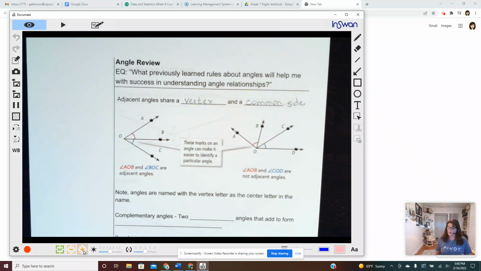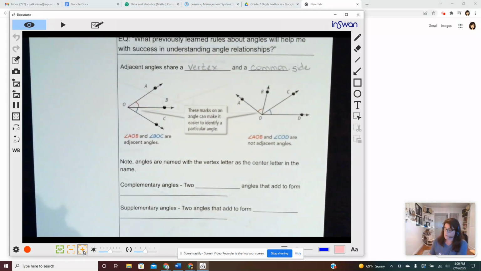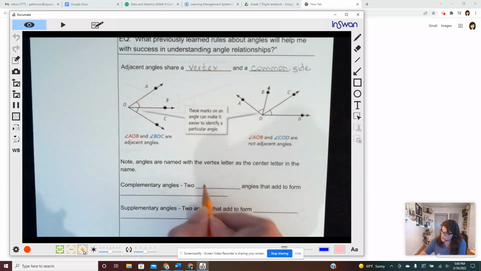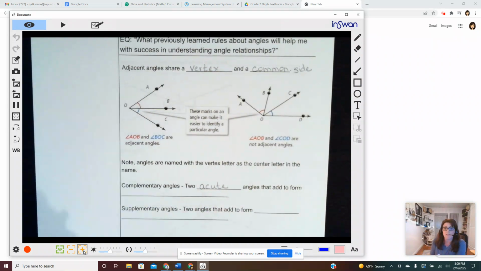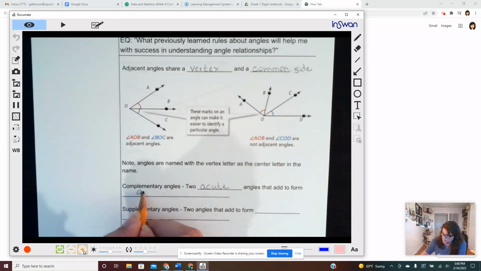Okay. Complementary angles are two acute angles, meaning smaller than 90 degrees, that add to form 90 degrees.